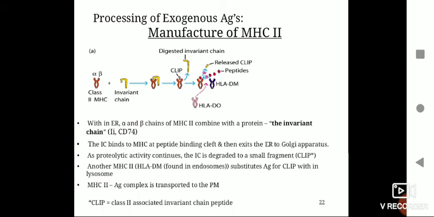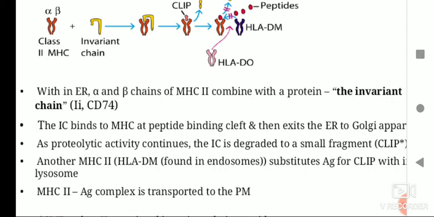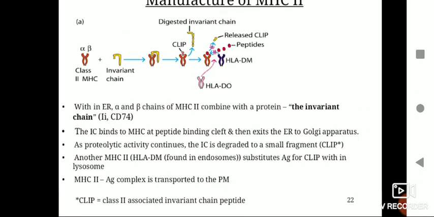Now this CLIP has to be removed if the peptide has to come and bind. For this, another class 2 MHC molecule called HLA-DM, which is found in the endosomes, is needed.